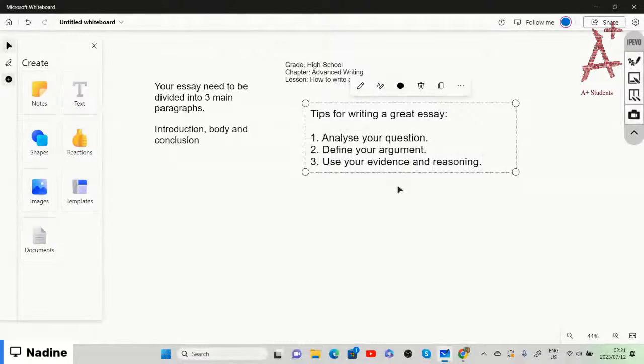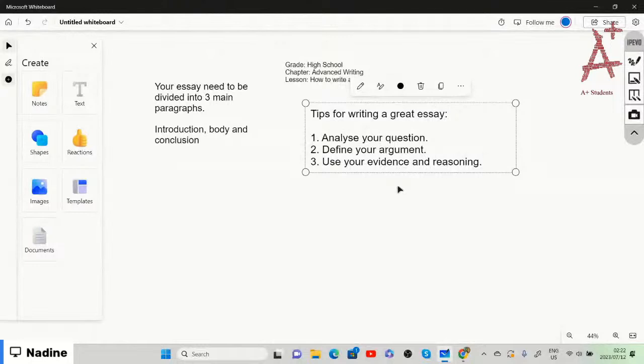So remember, the first tip for writing a great essay is to analyze your question. Your teacher will maybe give you a specific question and you need to first analyze it. You can't look at one word in the question and think that we are just writing about the whole book, or, for example, Barack Obama. Maybe the question asks you something specific about Barack Obama, maybe how his time within presidency was.